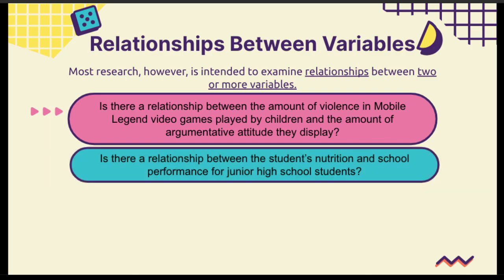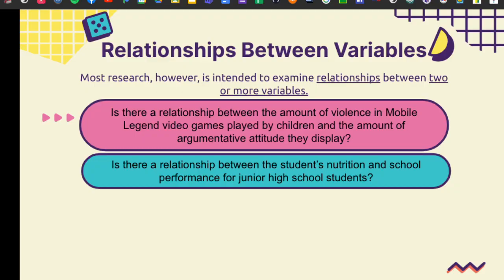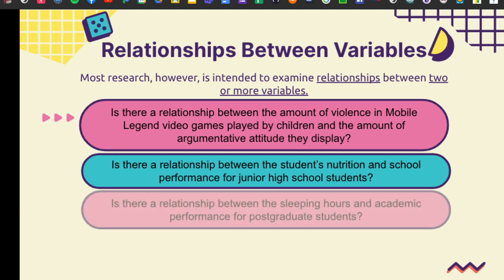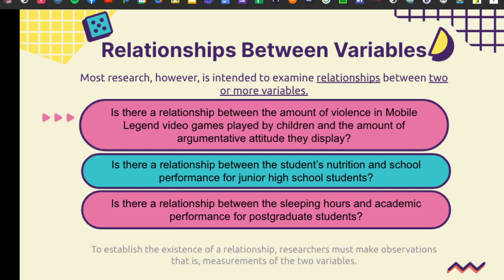The next one, the two variables are the nutrition of students and their performances. The third is the relationship between the sleeping hours and academic performance for postgraduate students. So we have the sleeping hours as one variable, and the other variable is the performance for postgraduate students.